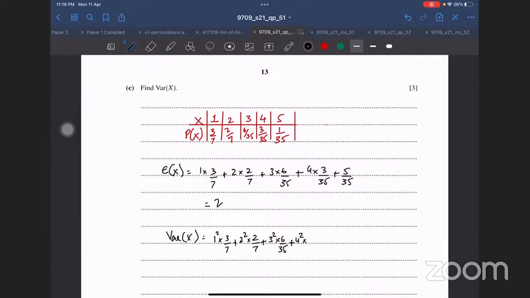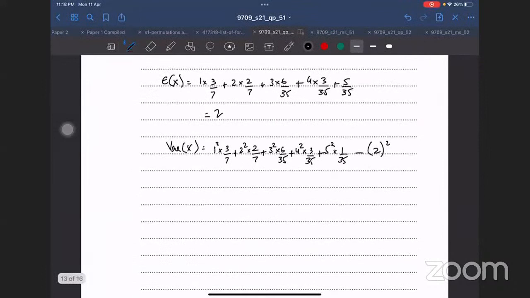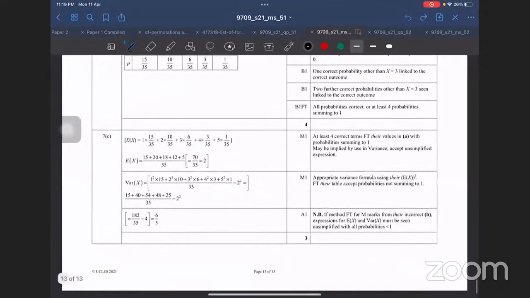Then for the variance, that is what I have. Okay, that's the correct answer.